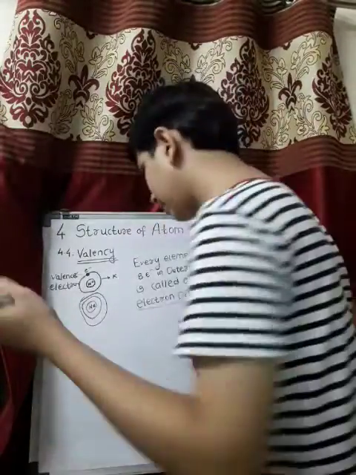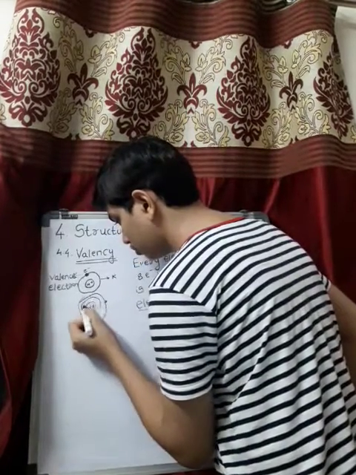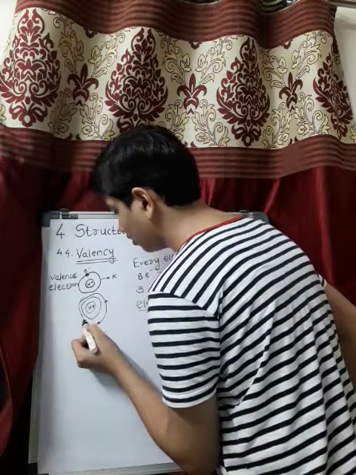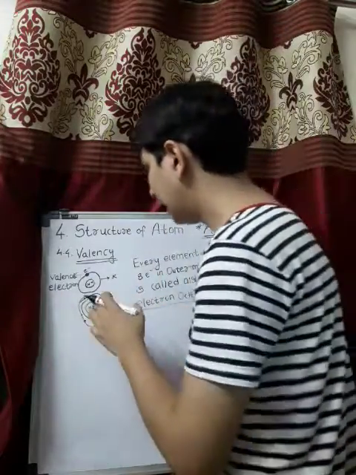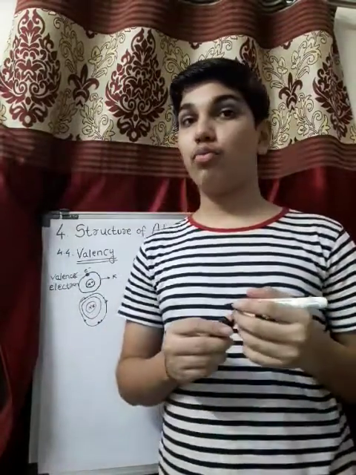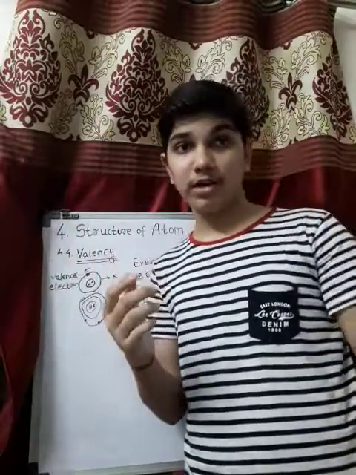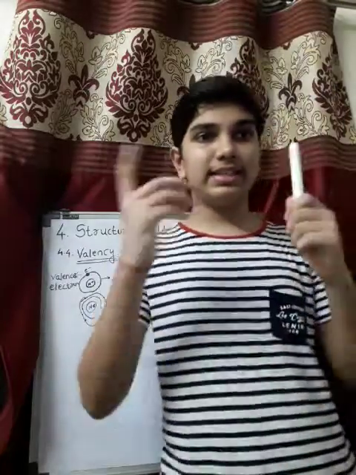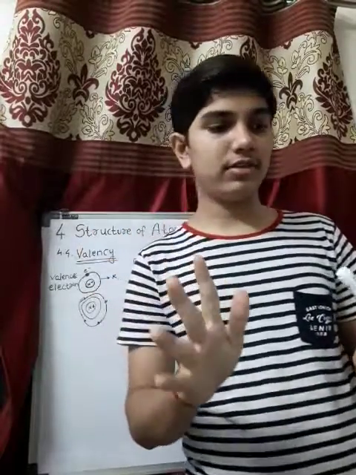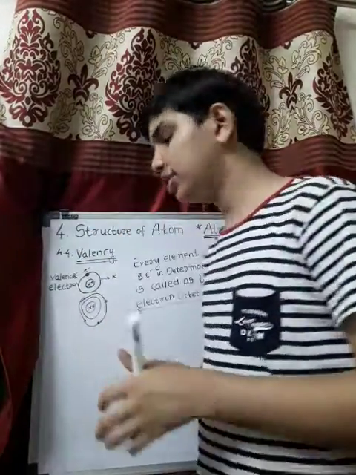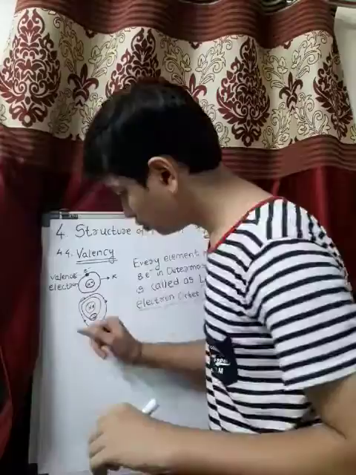In neon there are 8 electrons: 1, 2, 3, 4, 5, 6, 7, 8. And in the first shell how many? Hydrogen, helium, 1, 2. You may count like that: hydrogen, helium, lithium, beryllium, 4, then boron, carbon, nitrogen, oxygen, fluorine, 5. 4 plus 5 is 9, and here 10. So 8, and here will be 2. So 2 plus 8 is 10, right?